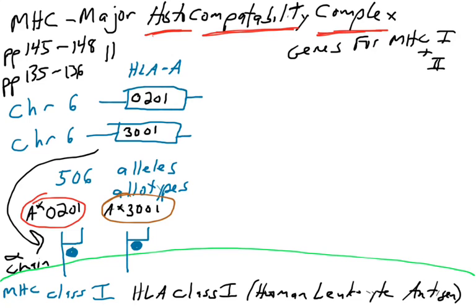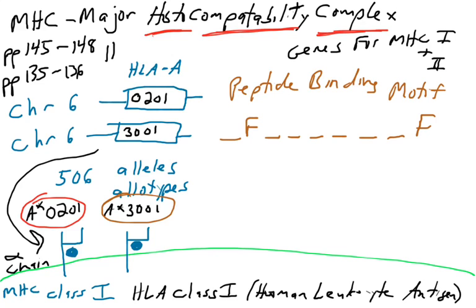Now let's talk about another real allele or allotype of HLA-A called A3001. The peptide binding motif of that allele, 3001, is different. It has phenylalanine at position 2 and phenylalanine at position 9. So any peptide that looks like that can get loaded into the 3001 isoform.